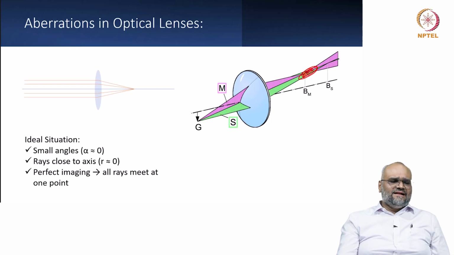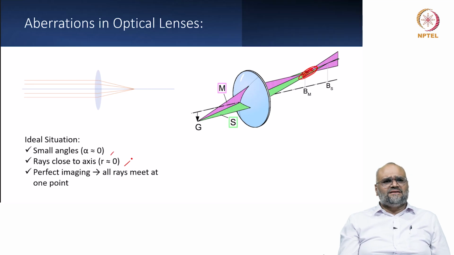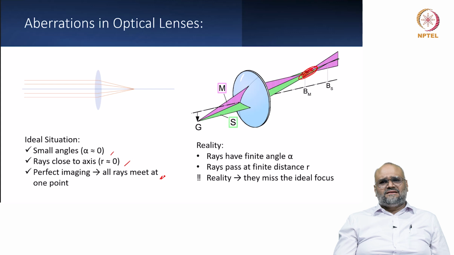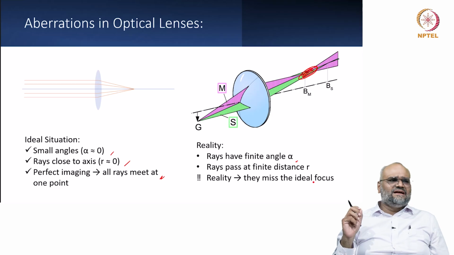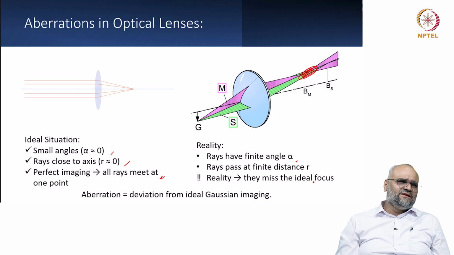In an ideal situation, with the paraxial approximation, the angles are really small and the rays are close to the axis, so you do not have a radial component, and it is a perfect imaging condition. But in reality, the rays have a finite angle and do not converge at a single point, and there is a deviation from the ideal Gaussian imaging, which you call an aberration.